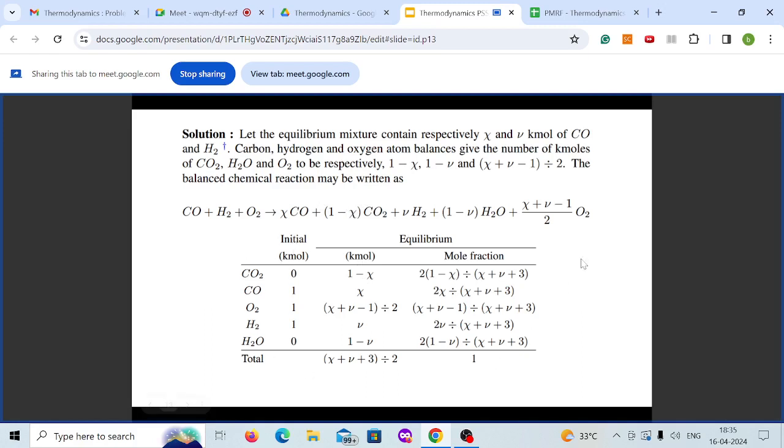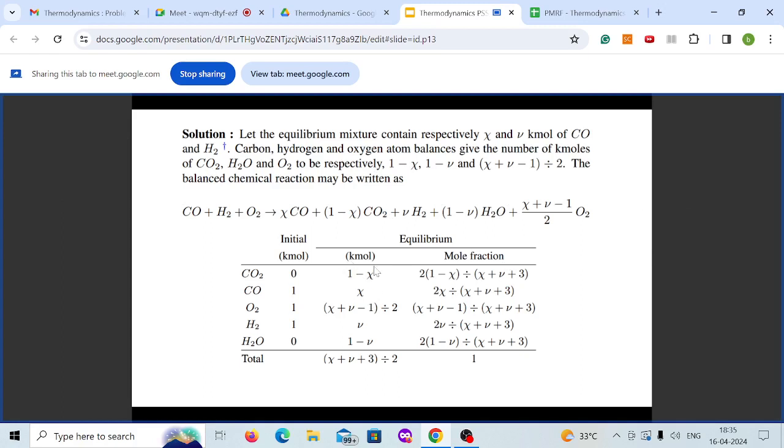So we can again create a table like this. Carbon dioxide, initially there is none, so 0. Your components are CO, which is 1, O2 1, hydrogen 1, and water 0.